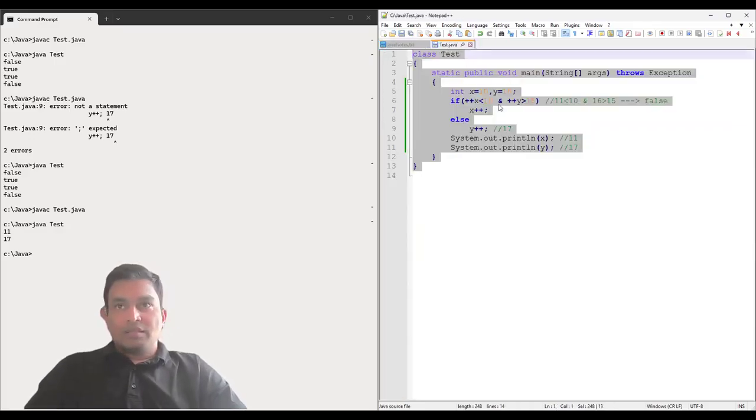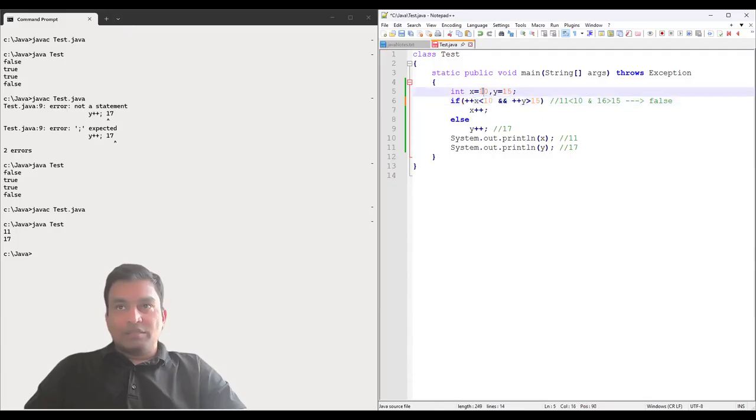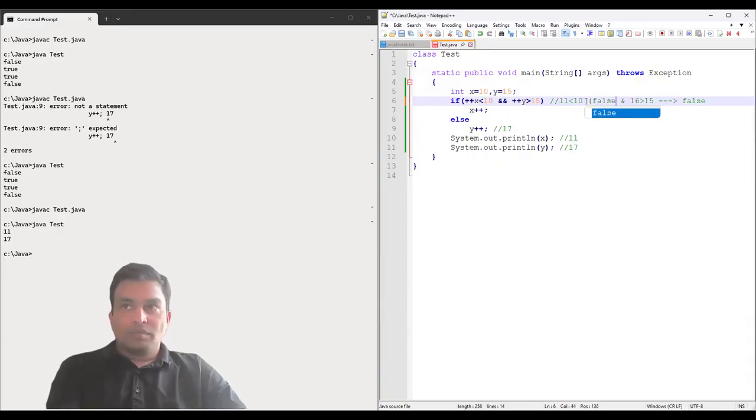Now let's change this to logical AND. And like I said, if one false is evaluated, then it will ignore all the rest of the conditions. For example, in this case, x is 10, ++x is 11, which is less than 10. This is false.